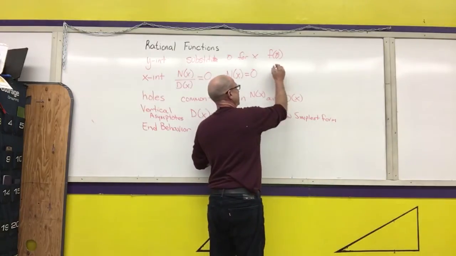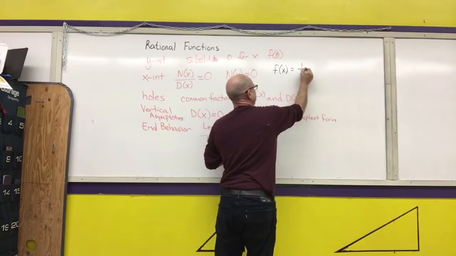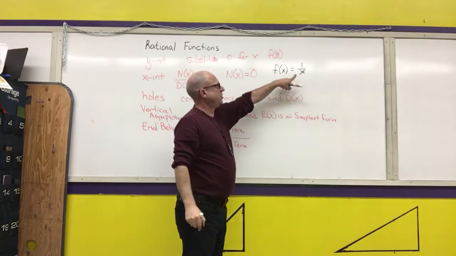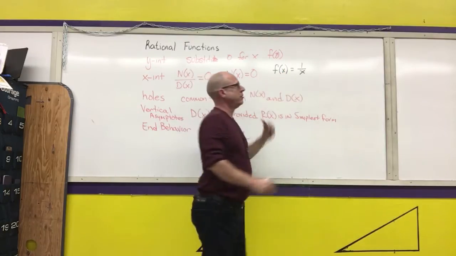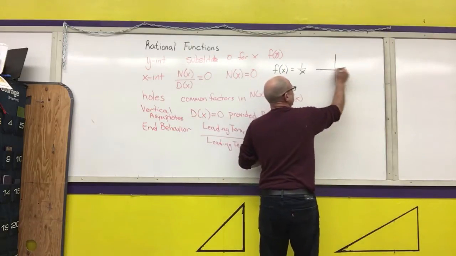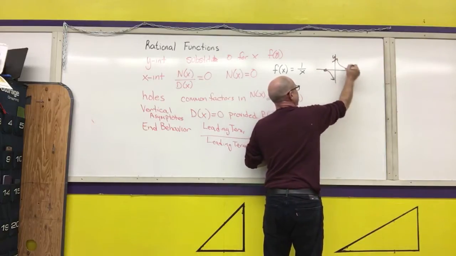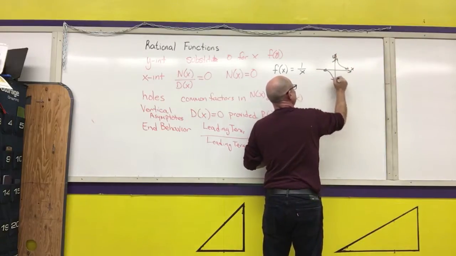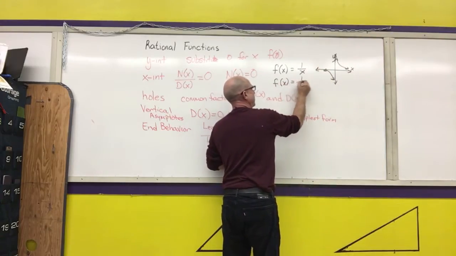Remember, our simplest rational function is f of x equals 1 over x. Well, what's the degree of the denominator? 1. What's the degree of the numerator? 0. And we know that this graph looks something like this. We also know what the graph of f of x equals 1 over x squared looks like.